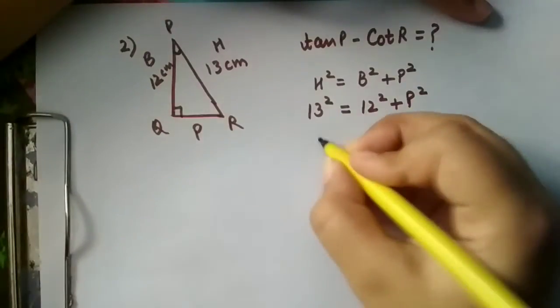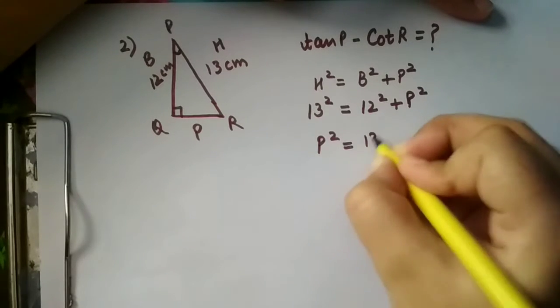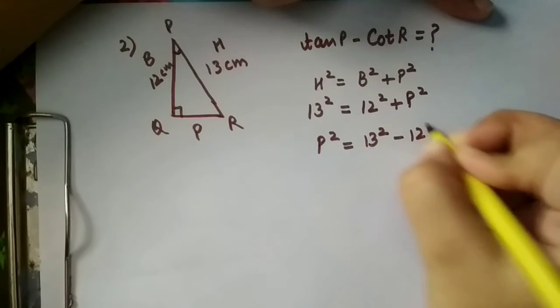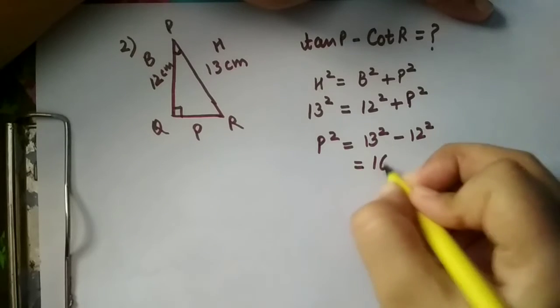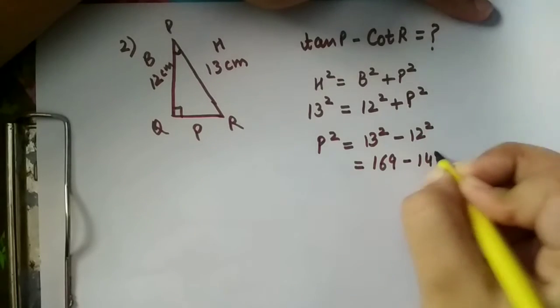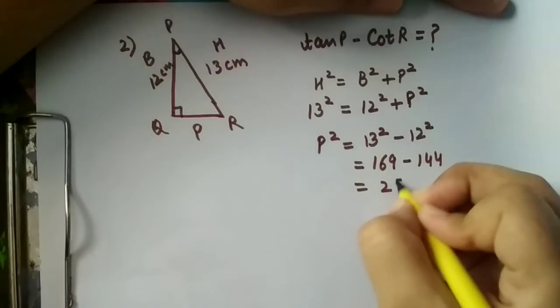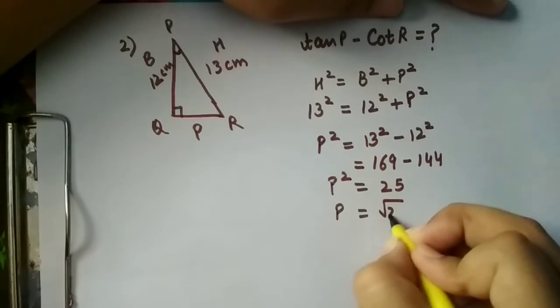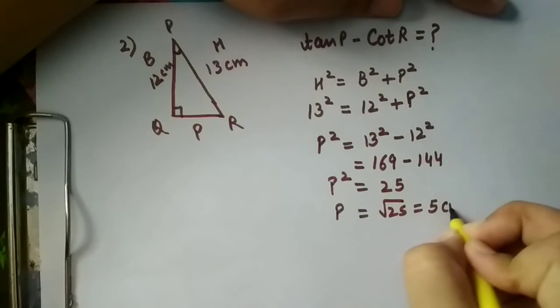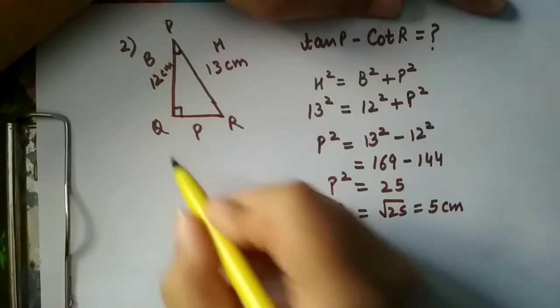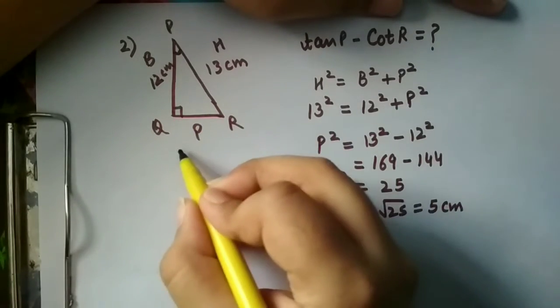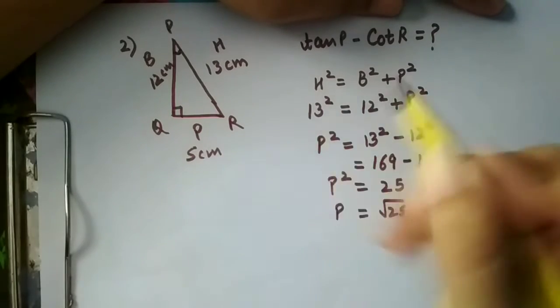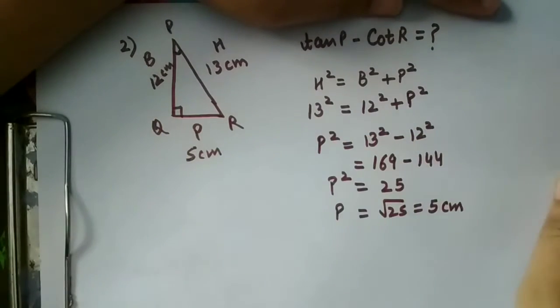So P square is equal to 13 square minus 12 square, that is 169 minus 144, which is equal to 25. So P is root 25, that is 5 centimeters. So the length of the perpendicular, QR, is 5 centimeter. Now we know all the three sides.